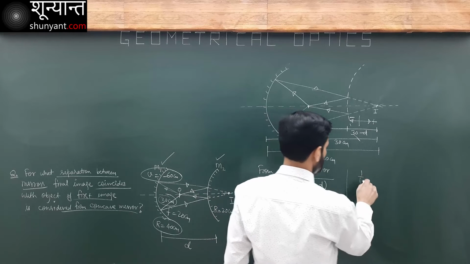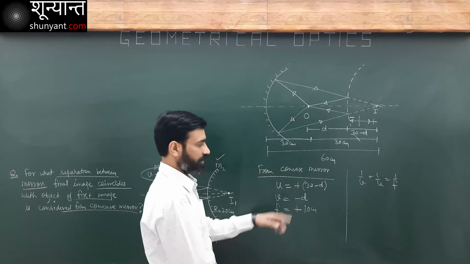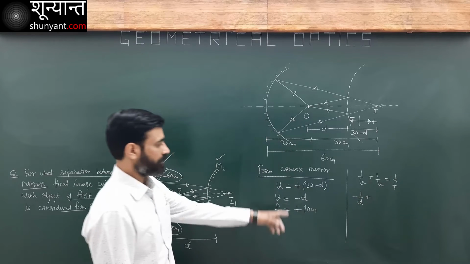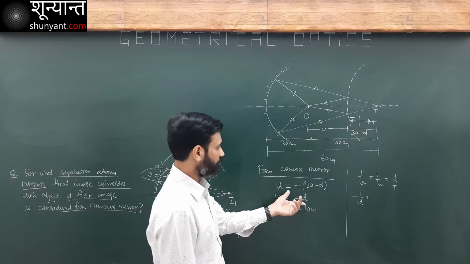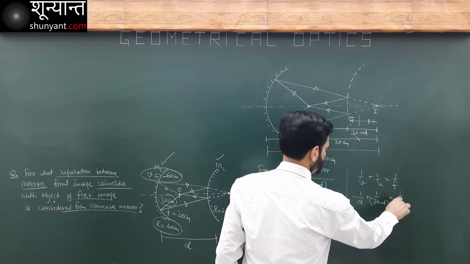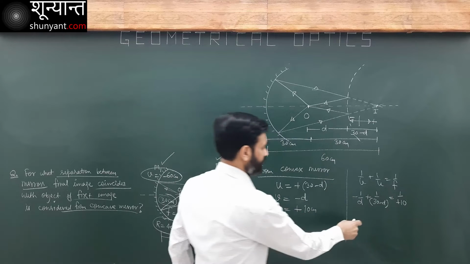Okay, now let's solve this. So 1 over V plus 1 over U is 1 over F. Let's write all these things. Minus 1 over D, 1 over V, 1 over 30 minus D is equal to 1 over plus 10 centimeter. Let's simplify this.